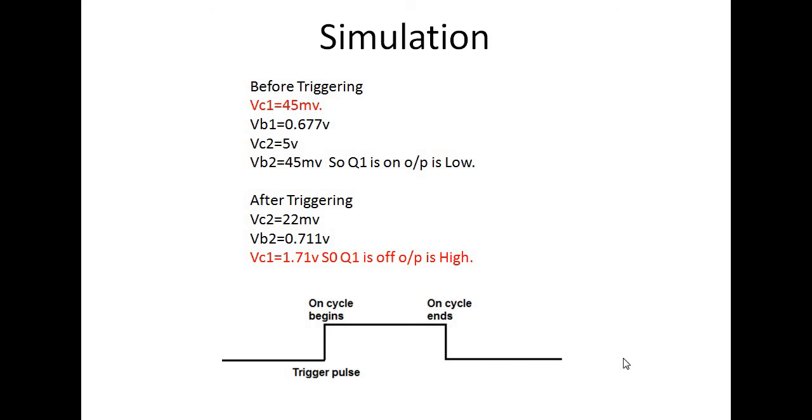That's what we said in the beginning when talking about the monostable multivibrator: it has only one stable state. That stable state is 0, low level. So this high level is one quasi stable state, which is temporary. Initially output is low, which is stable. When and only when we apply the triggering, the output changes to high state, then again comes back to the stable state. This is the analysis of the simulation.